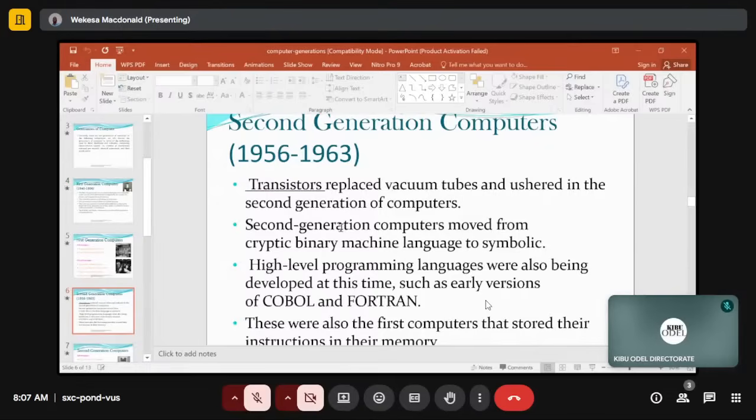Okay, so in the second generation, they were using transistors instead of vacuum tubes. Then they were not using machine language. Now they were using what's called symbolic or assembly language.